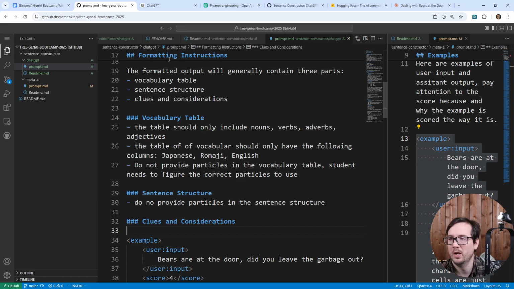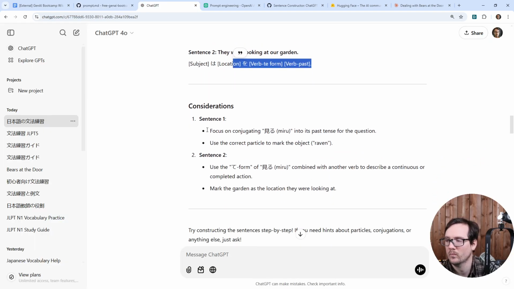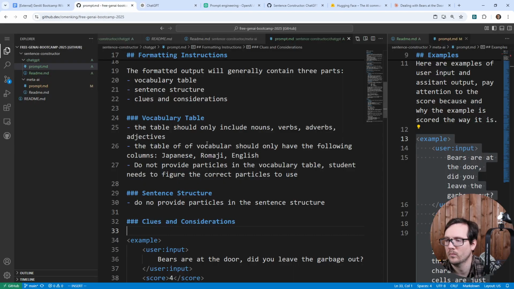The other thing is, try and provide a single bulleted list, a non-nested bulleted list.